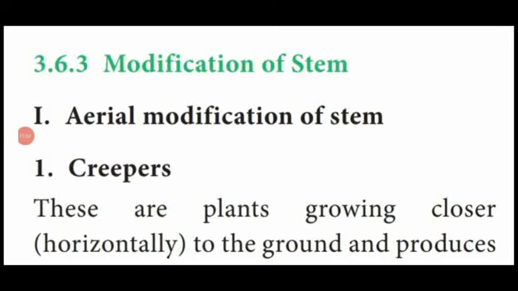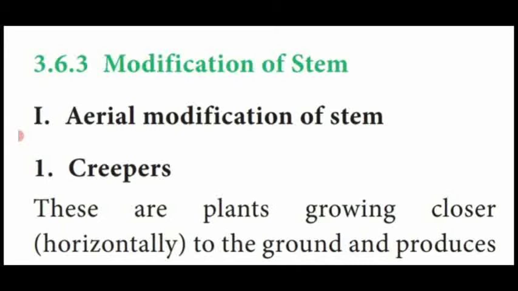Dear students, up to this we have seen different types of bud and the types of stem. Now we are going to see the modification of a stem. What is modification? In the previous video class we have seen root modification, isn't it? Likewise, stem modification.